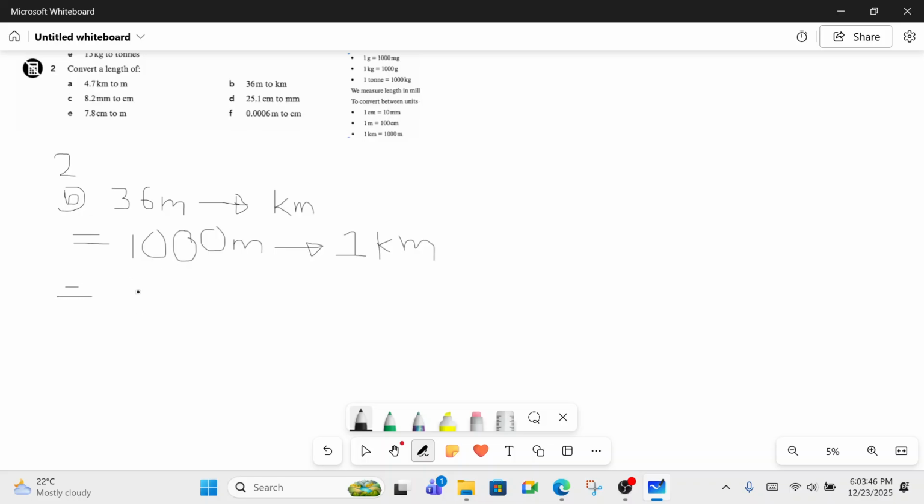So 36 meters will be 36 divided by 1,000.